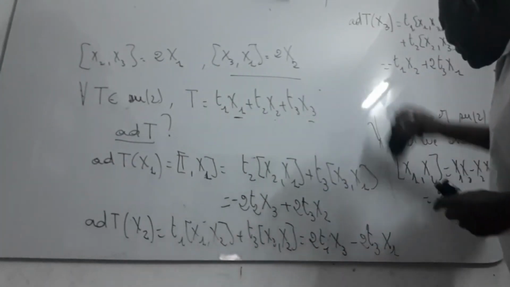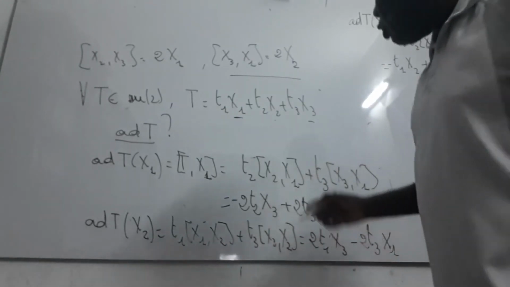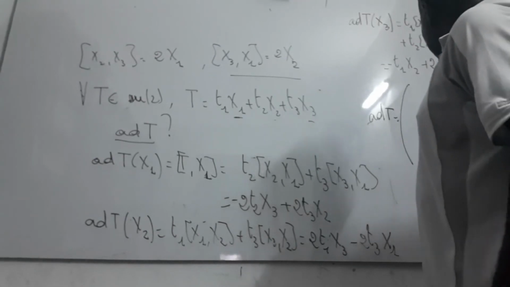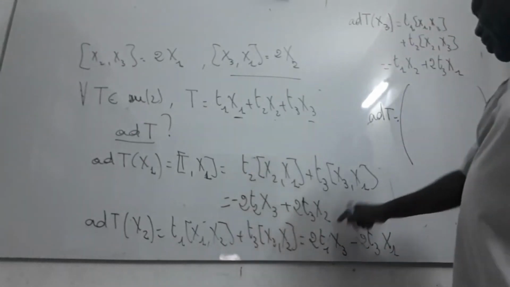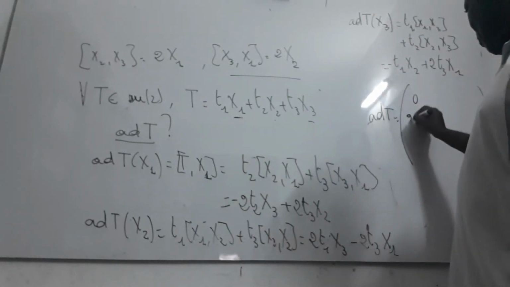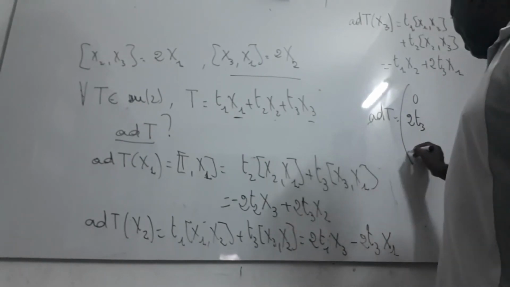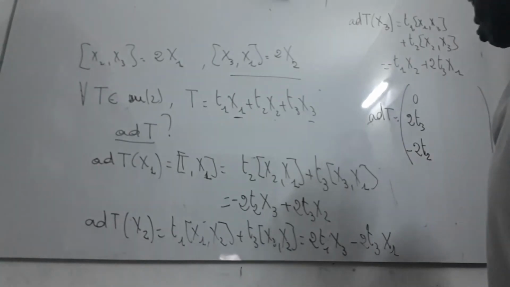Then you have this matrix, the adjoint representation of T. This kind of matrix. The first one is like this: you have 0, 2 T3, and also minus 2 T2.